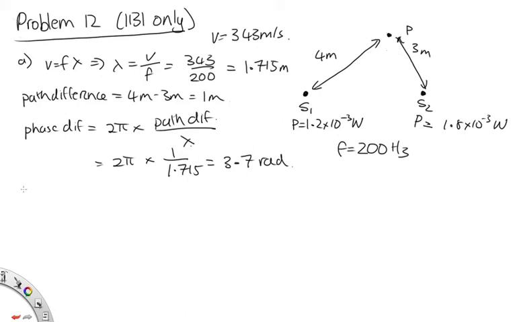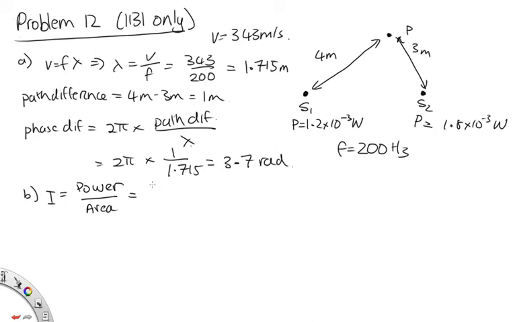Okay, now part B says what is the intensity of sound at P if S1 is turned off? So all the sound is coming from S2. Well, intensity is equal to power over area, and the power is spreading out from this speaker across a spherical surface.